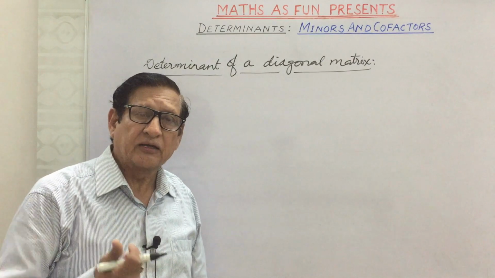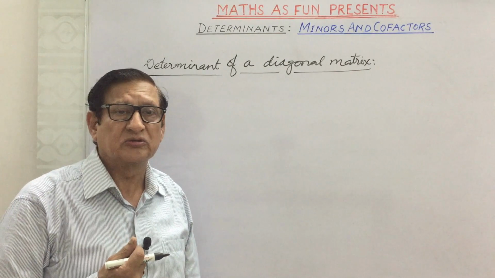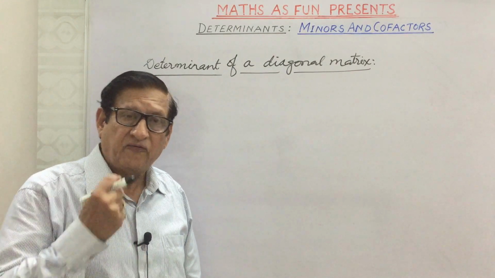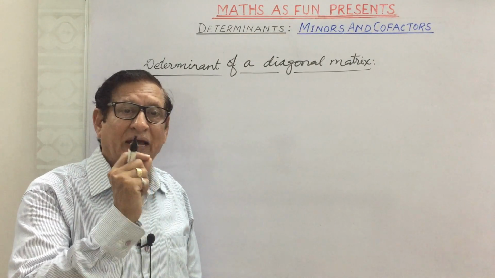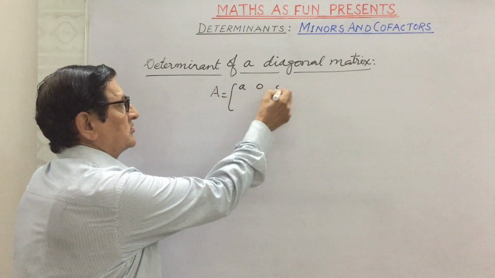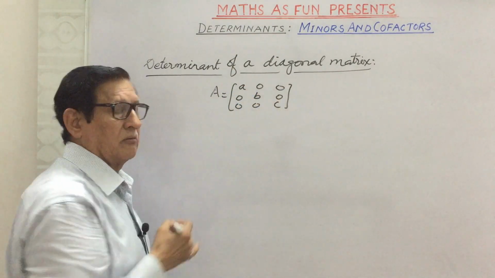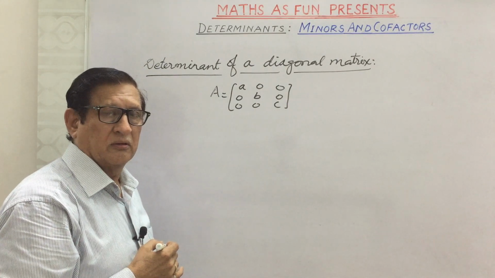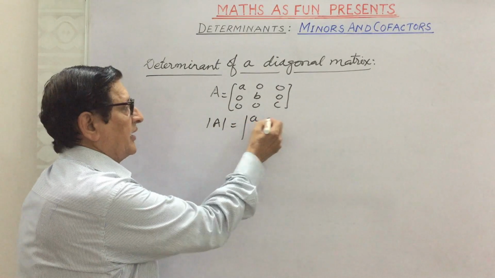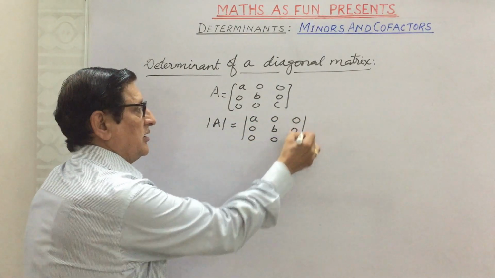So we know what a diagonal matrix is. A diagonal matrix is one in which the diagonal elements are non-zero and all other elements are 0 each. If we have a diagonal matrix A, that is a, 0, 0, 0, b, 0, 0, 0, c, and we want to find the value of determinant A, that will be the determinant with rows a, 0, 0; 0, b, 0; 0, 0, c.